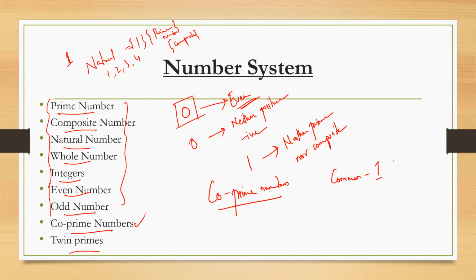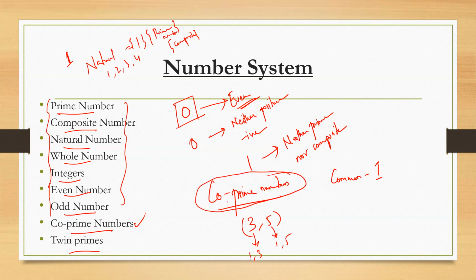There is only one common factor, and that common factor is one. Those numbers are known as co-prime numbers. For example, if you say 3 and 5, what are the factors of 3? It is 1 and 3. What are the factors of 5? It is 1 and 5. So what is the common factor in both of them? It is 1. So those are known as co-prime numbers.